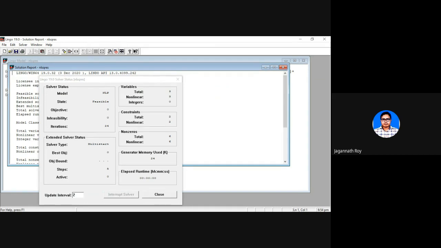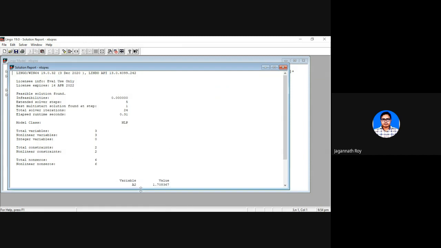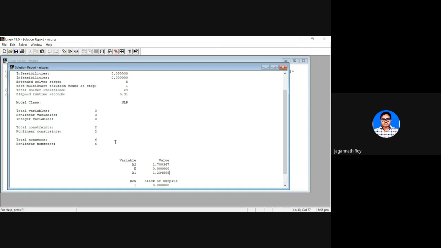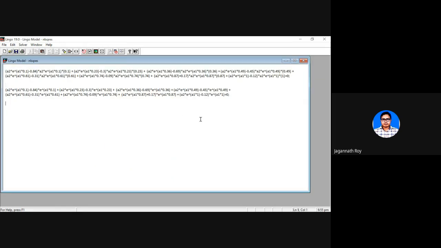It takes 24 iterations, and the final solution is A2 equals 1.7 and A1 equals 1.2. So this is one way to solve this nonlinear system of equations.